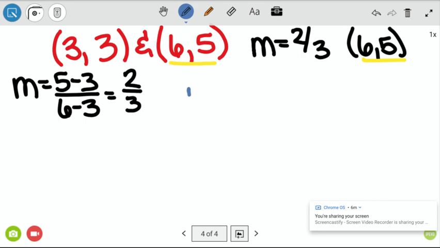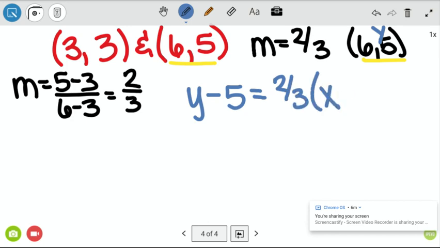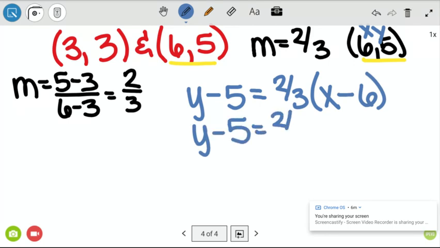So we're going to go with y minus, my y coordinate is a 5, equals 2/3 is my slope. Then x minus my x coordinate up here is a 6, so I'm going to bring that in. So I can distribute. 2/3 times x is 2/3 x. Now remember, when you multiply a fraction to a whole number, we're going to multiply the top number, divide by the bottom number.